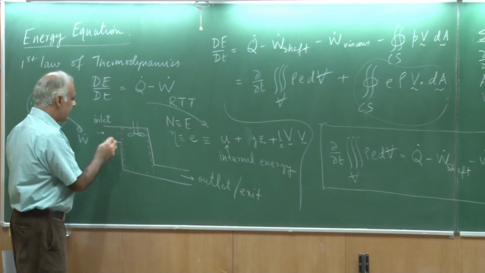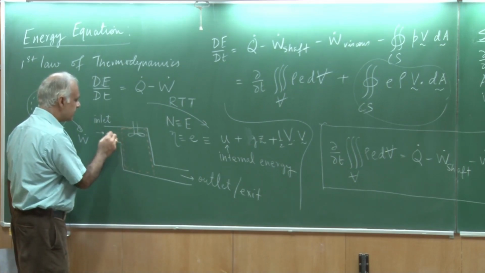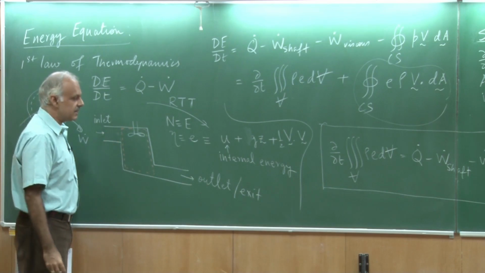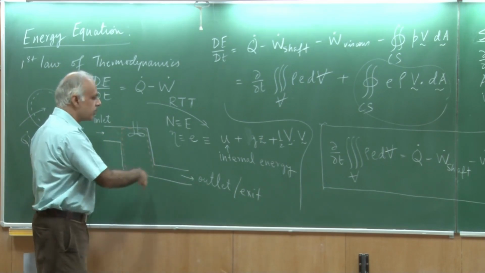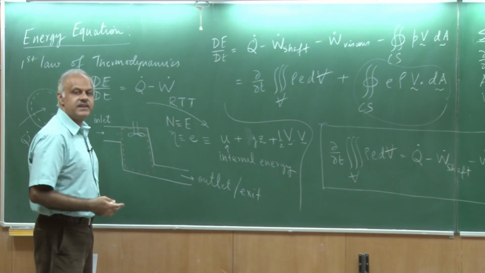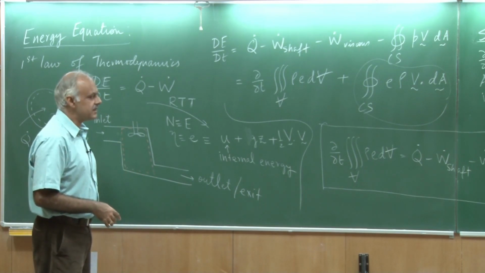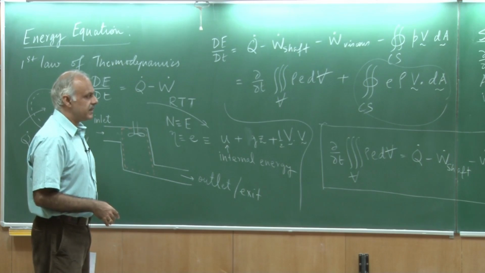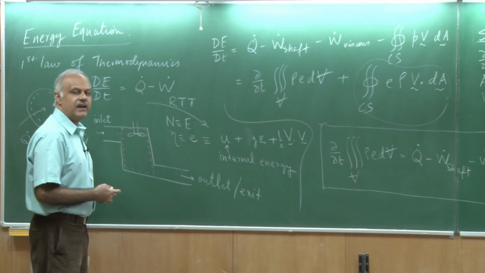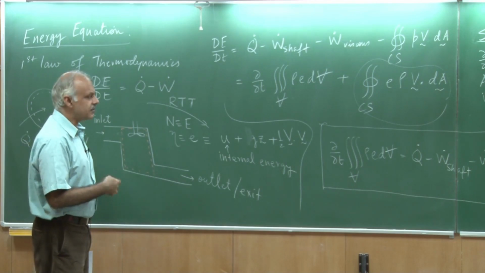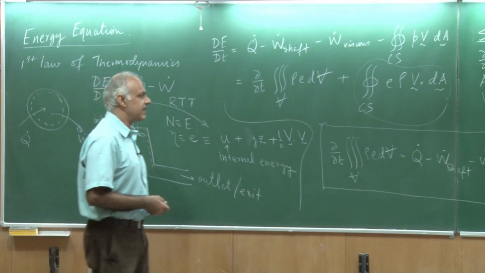But if I imagine that they actually do not vary across the port and the flow is one dimensional, then I can look at some kind of a value across the port, and I can get rid of the integral sign and just multiply it with the areas. If the flow is not one dimensional, then I can take some kind of an average value and then apply some correction terms and proceed with my analysis.